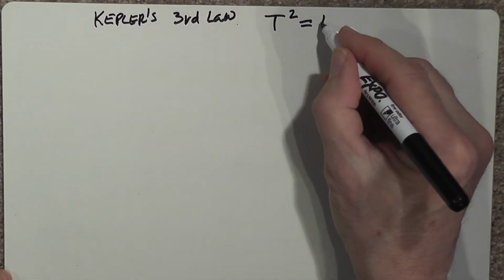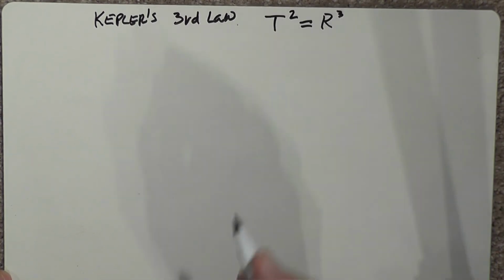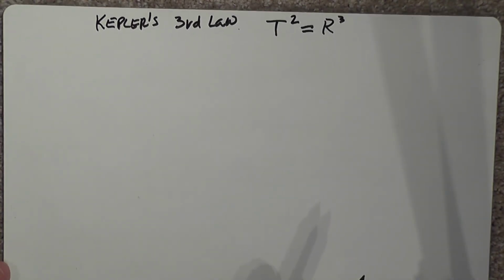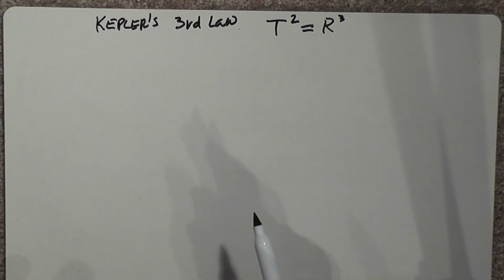In this case, we call this r, and it gets cubed. And this is the relationship that Kepler found of how the planets go around the sun, and their distances and their time periods, okay. For instance, Earth, its period is 365 days. Its R is about 93 million miles, okay, and that relationship holds true for Mars, Jupiter, Venus, all planets.